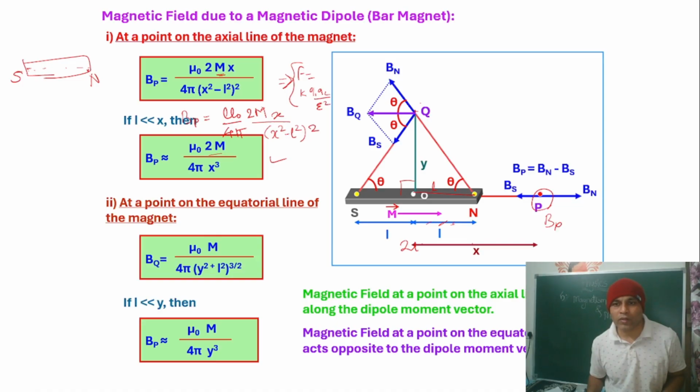And here in this case, if I say the dipole is going this way, it is capital.